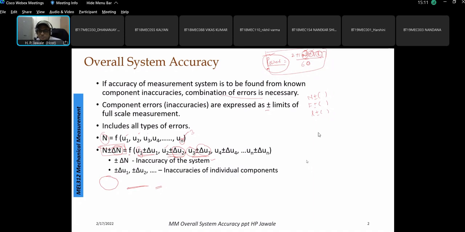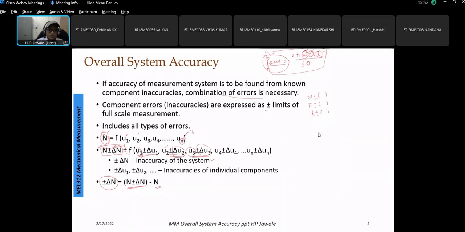We also discussed one example where the power requirement is given by an equation with multiple entities like measurement of force, length and distance. That is F into L, which gives the torque, into the speed measurement. What we discussed is that if the final quantity under study, say n, is a function of the individual measurements u1, u2, u3, and so on, then we can find the total uncertainty in the measurement.